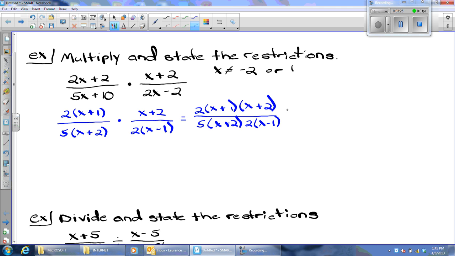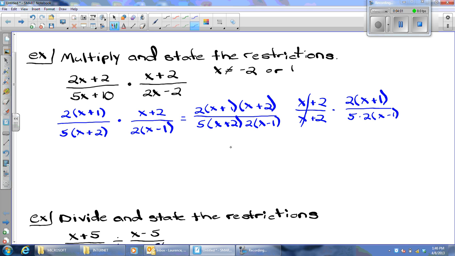If I take out an x plus 2 out of the numerator and the denominator, multiplied by 2 times x plus 1 over 5 times 2 times x minus 1. So this x plus 2 over x plus 2 just becomes a 1.